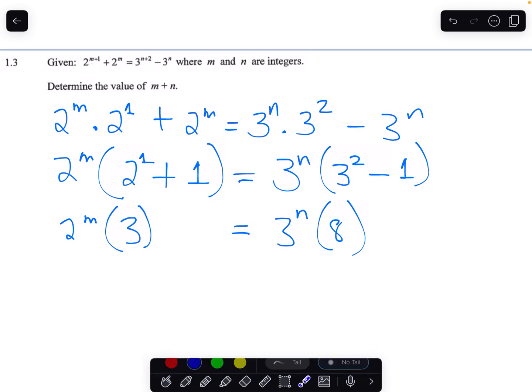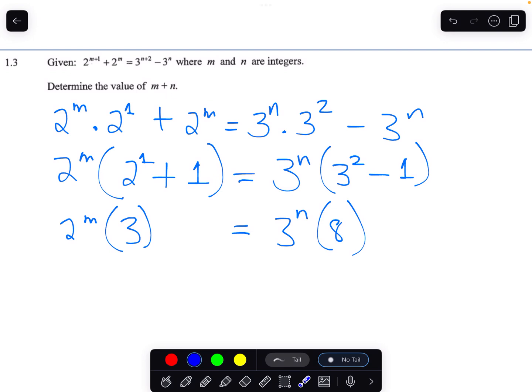We are trying to find the value of m plus n. So that makes me feel like I want to ultimately... Oh, yeah, what? Oh, I think I see where this is going. Okay, so what was throwing me off was I was thinking I want to end up with something to the power of m plus n, and maybe do something clever there.